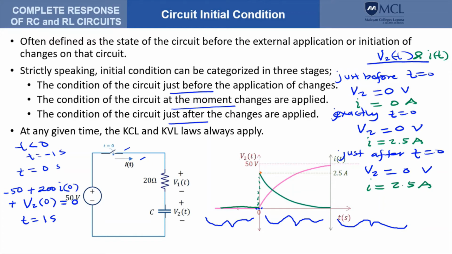Still, KVL should apply. So if we write the KVL, that should give us minus 50, so we start here, plus 200 times I at t equals 1 second, then plus V sub 2 at 1 second equals 0. So Kirchhoff's laws still apply regardless of what time you are analyzing the circuit.